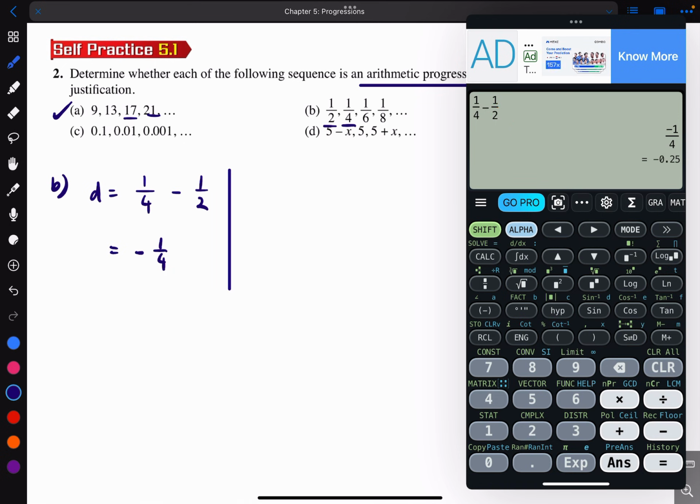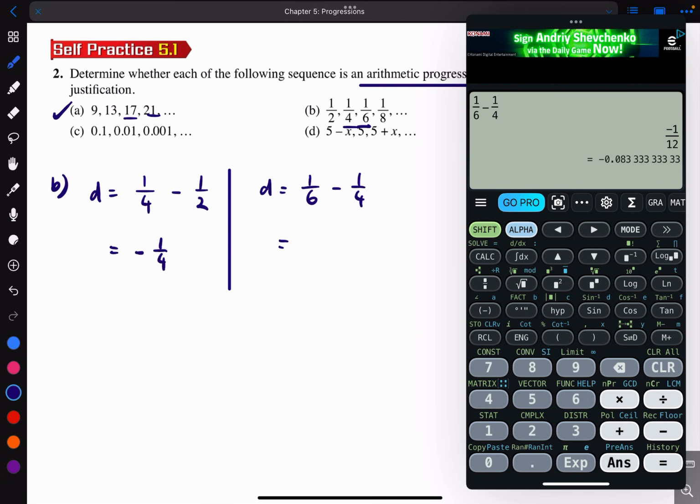Then 1 over 6 minus 1 over 4, negative 1 over 12. So here the difference is not the same. So this is not an arithmetic progression.